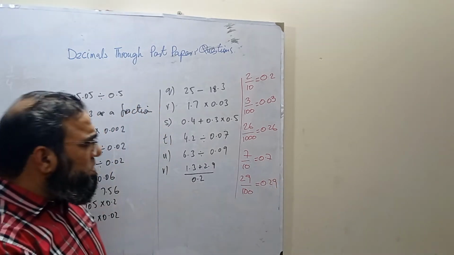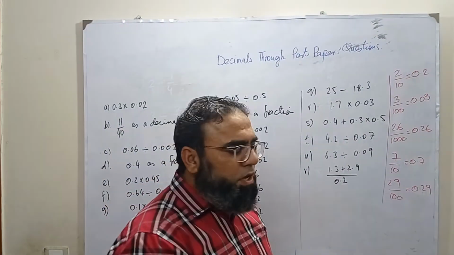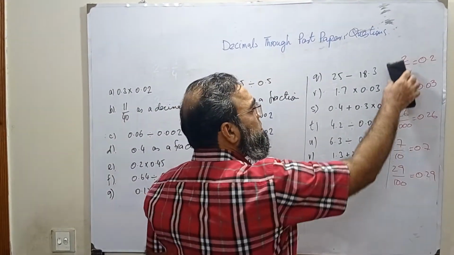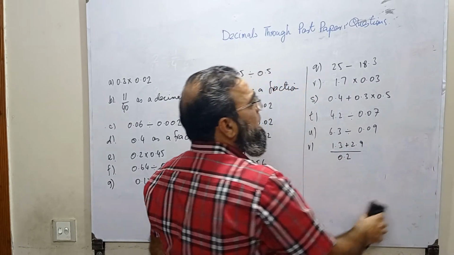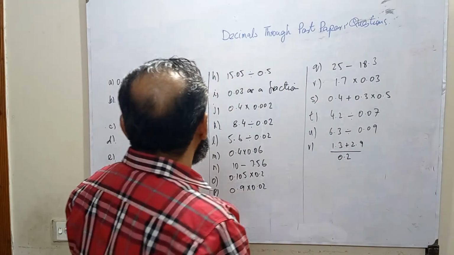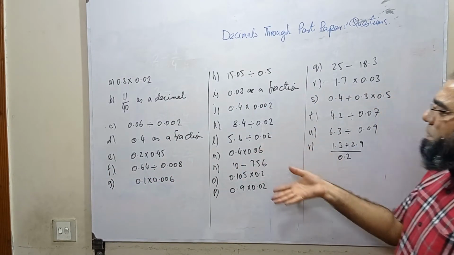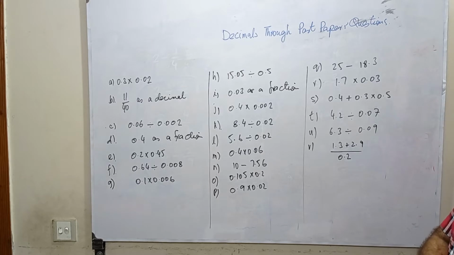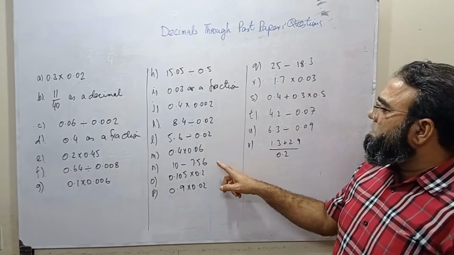So I have just told you very briefly about what decimal fractions are. Now let me take you towards the addition of decimals, okay? Addition or subtraction. Since I have to tell you through these past paper questions, there are two questions over here which are from subtraction.